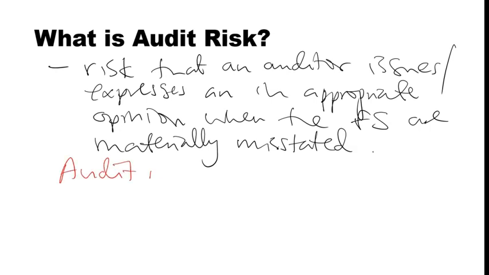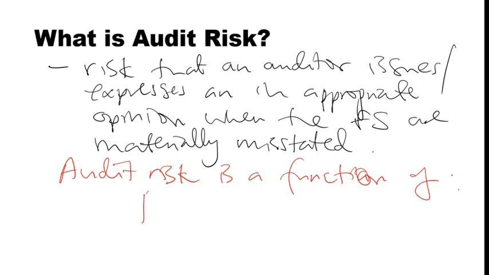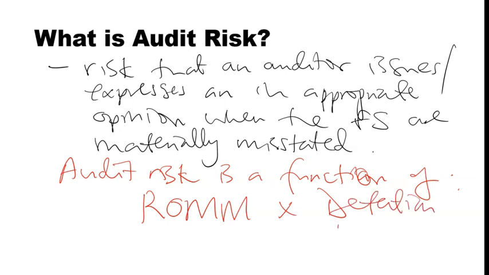Now, audit risk is a function of two things, namely ROMM and detection risk.